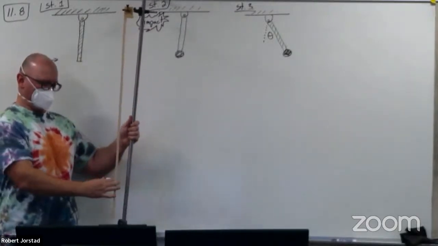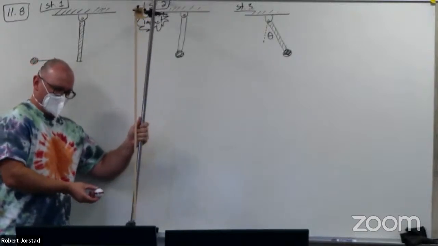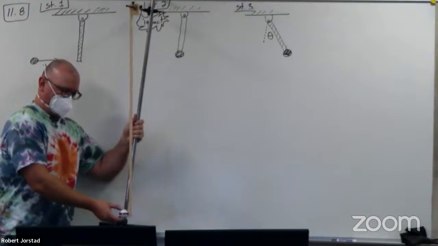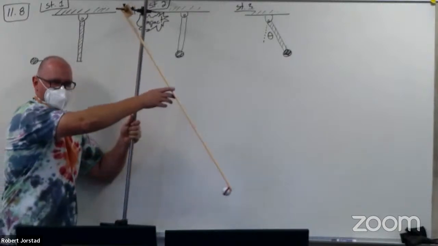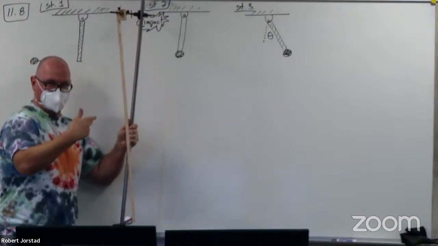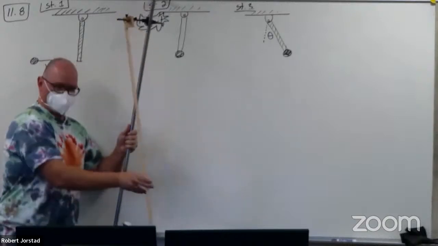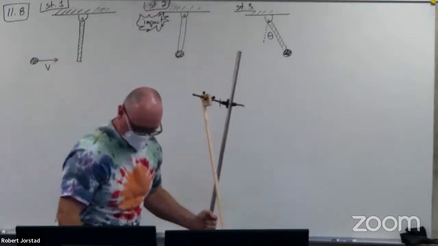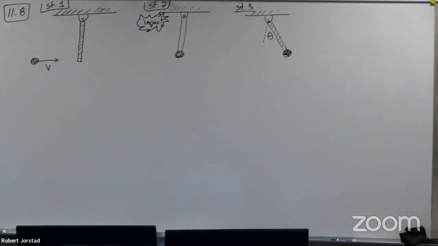There's some Velcro here. You can imagine I throw this ball, right? I'm going to throw the ball. It's going to impact the meter stick. It's going to stick, and then it's going to swing up to some maximum angle. Got it? Now we'll do the experiment in a minute. But again, somehow this ball is going to hit this thing and swing upwards. All right? So at the end of this one, we'll run the math and see if it matches reality.